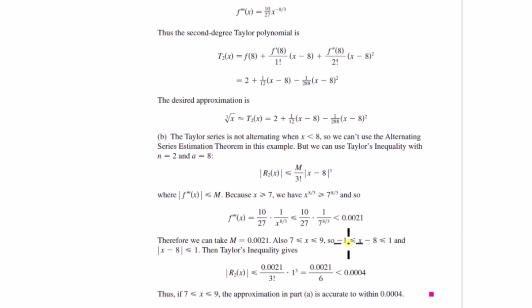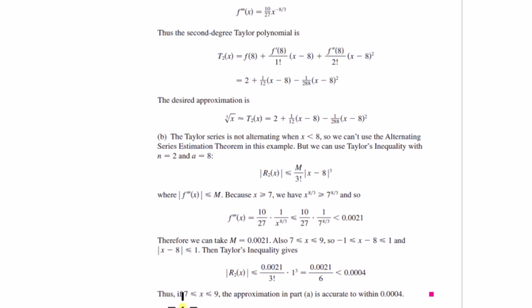If they subtract 8 from both sides to get x minus 8, the largest the absolute value of x minus 8 can be, if x is restricted between 7 and 9, is 1. So you've got the capital M here, and this turns into 1 cubed over 3 factorial, and they get that the absolute value of R sub 2 of x is less than 0.0004.